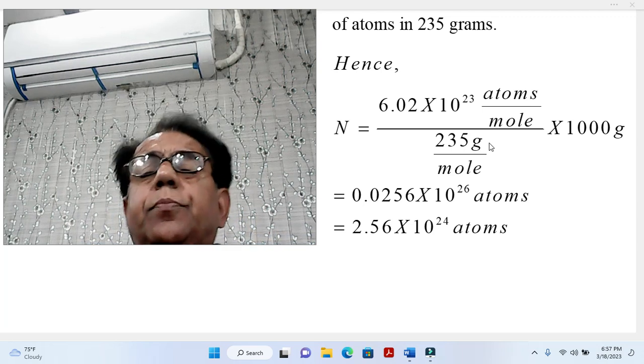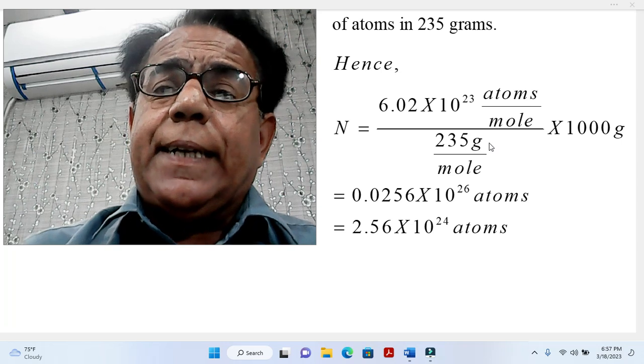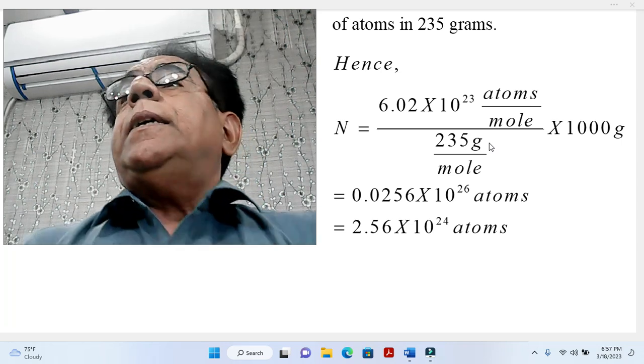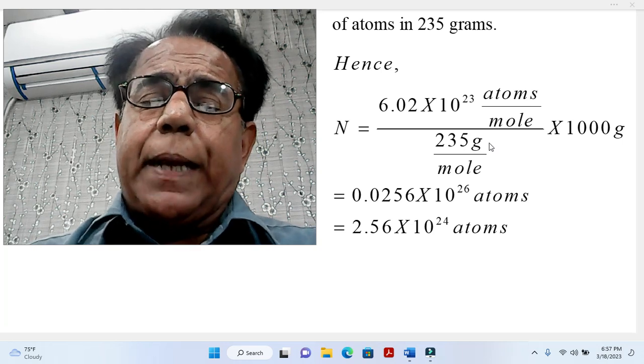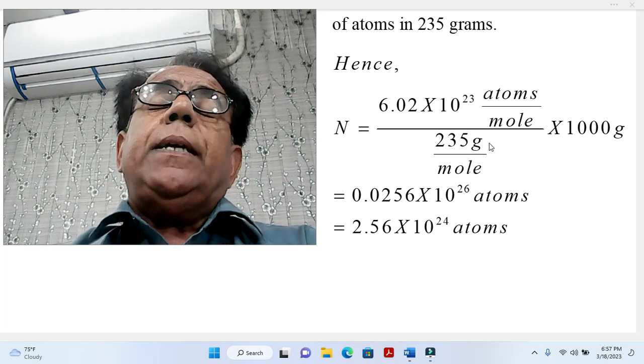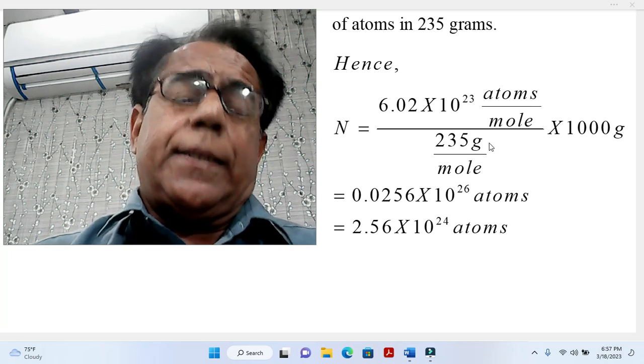Okay, dear students, what is the reason for writing this result in this shape? The reason is that I have also many times mentioned that 10 to power 26 is not very important for us.